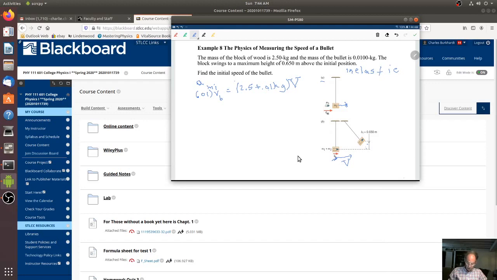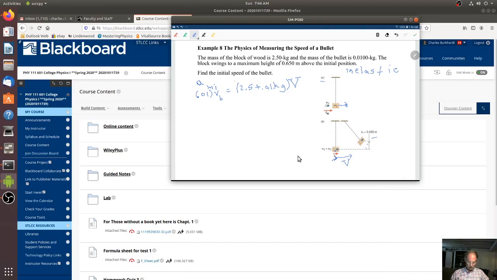So afterwards, in part B, this bullet and block together have a certain amount of kinetic energy, and as its pendulum swings out, that kinetic energy turns into the potential energy of the bullet and the block until it reaches the highest point where it's all potential energy.